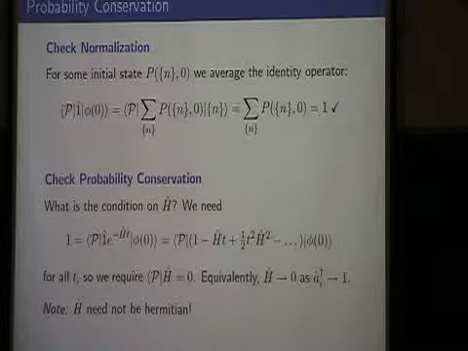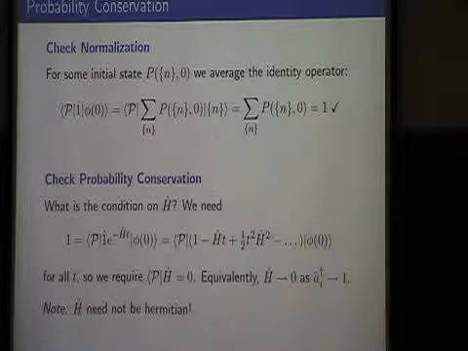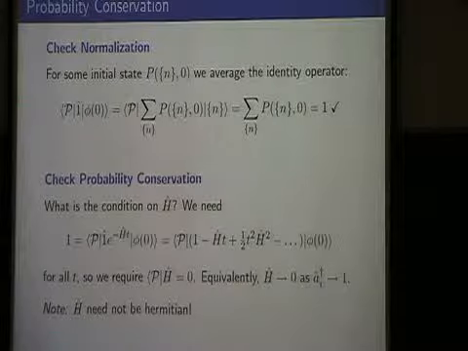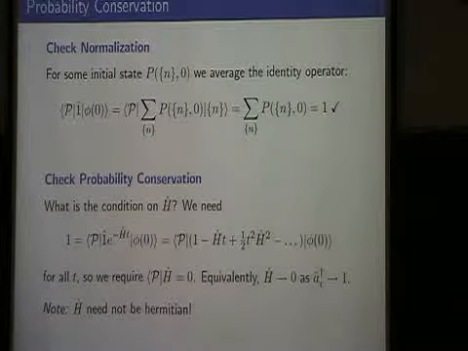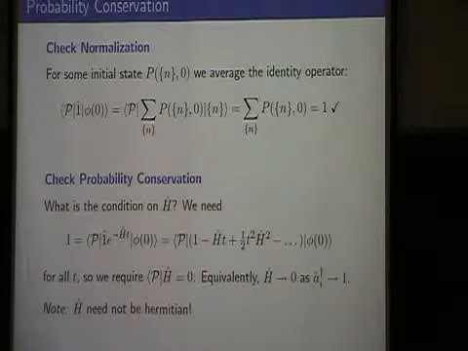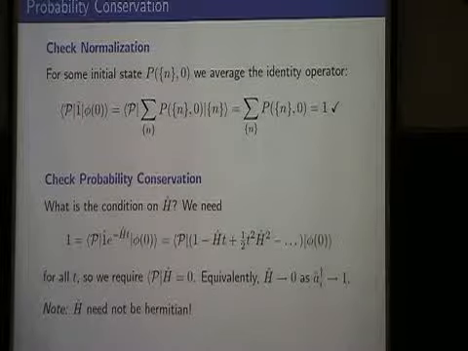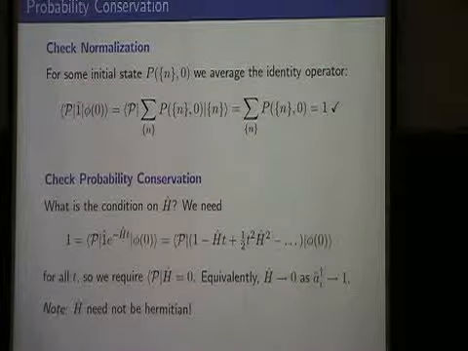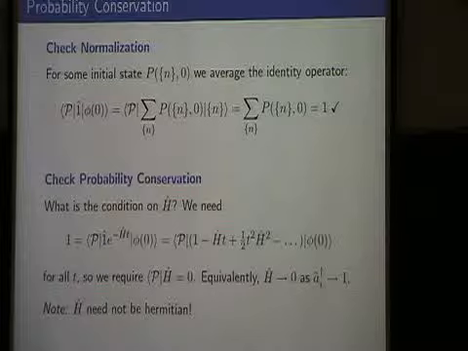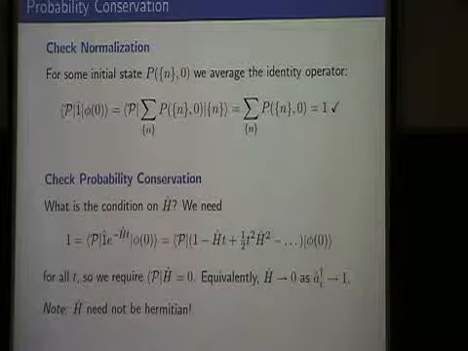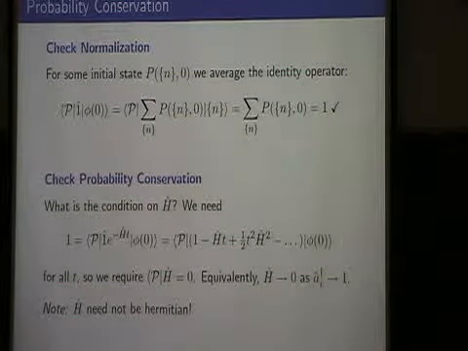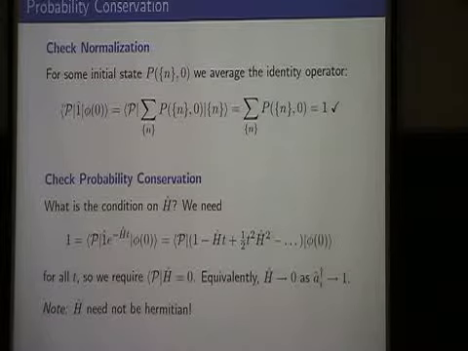Hermiticity says that this is in fact the same operator again. So the answer is H would not annihilate P. This is not 0 if H is not Hermitian.